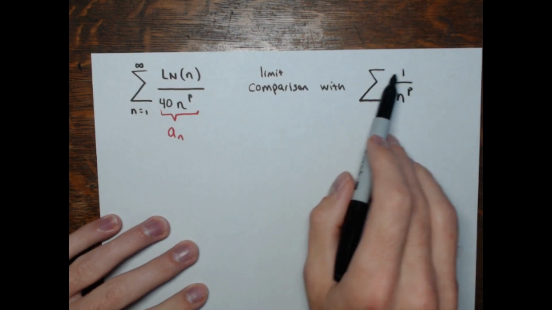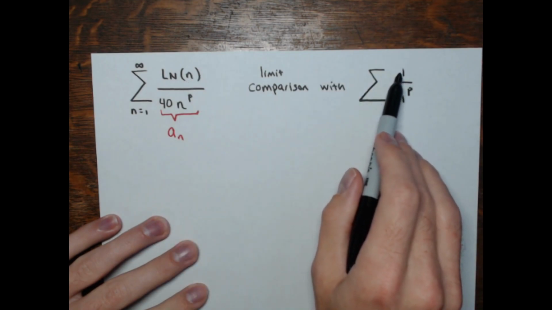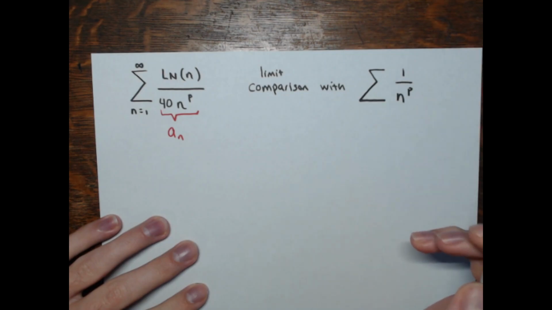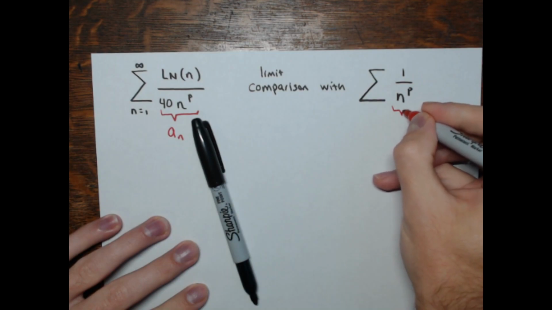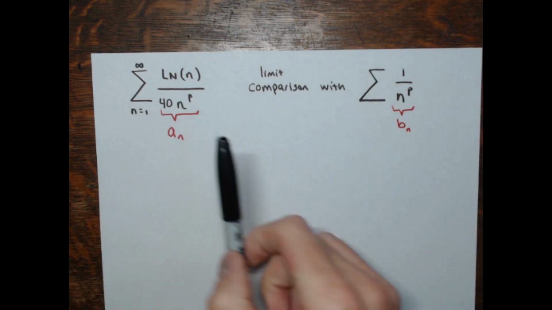We might need to change this up because the numerator of this is not a constant. This is a constant. So I might change this up in a little bit, but we'll see. I'm going to play around with this. Let's see what happens. So let's call this 1 over n to the p, b sub n.